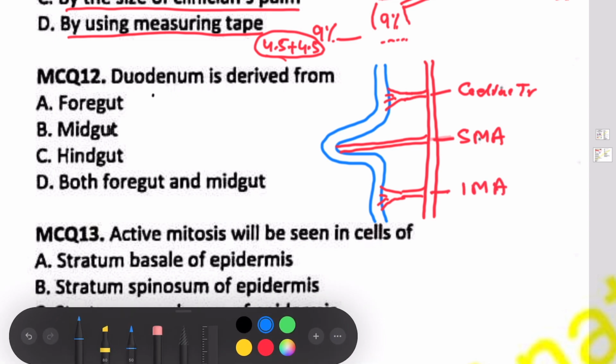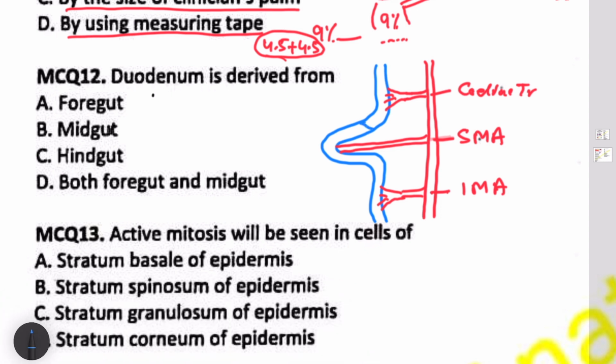And this you presume as foregut, midgut, and hindgut. So all the structures derived from the foregut will be perfused by the branches of the celiac trunk.